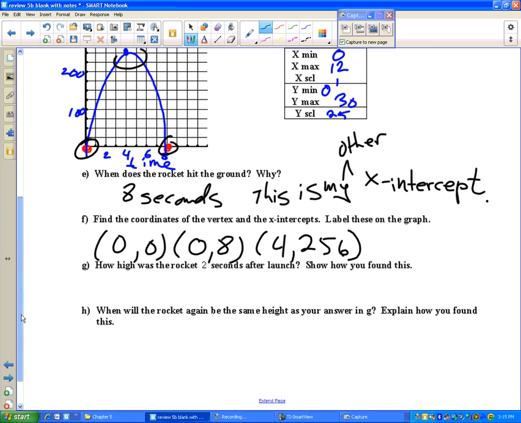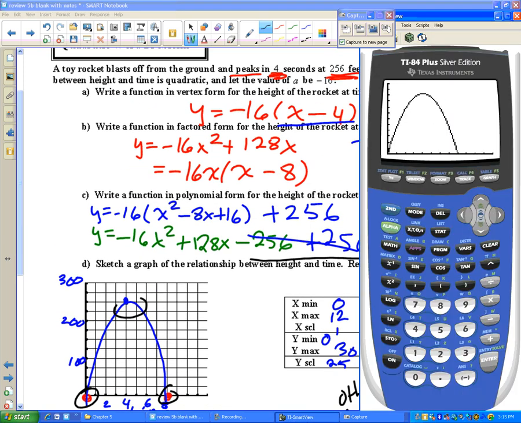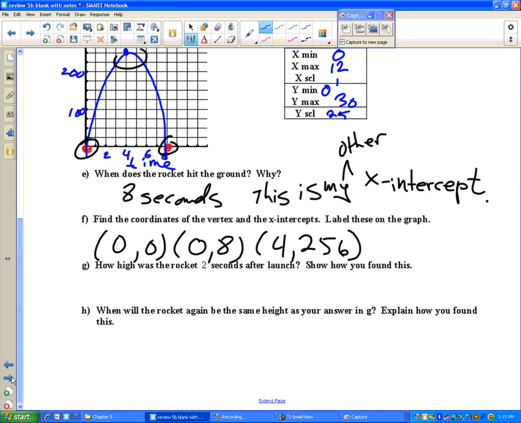So how high was the rocket at 2 seconds? There's a couple of ways of doing this. One way is to hit second trace to go to the calc menu. Number 1 is value. I want x to be 2, and I get 192 feet. So this is 192 feet.